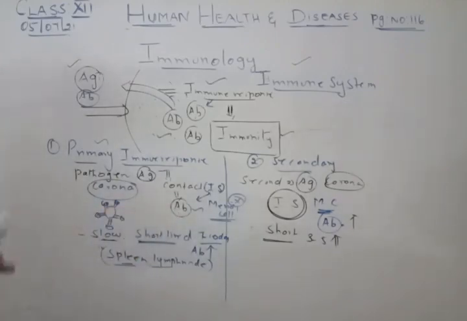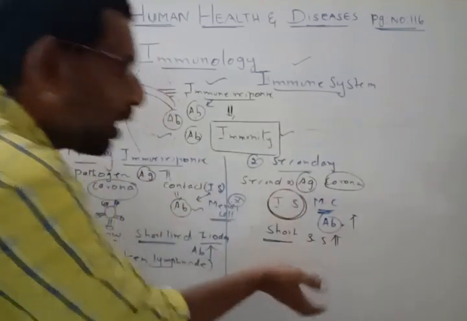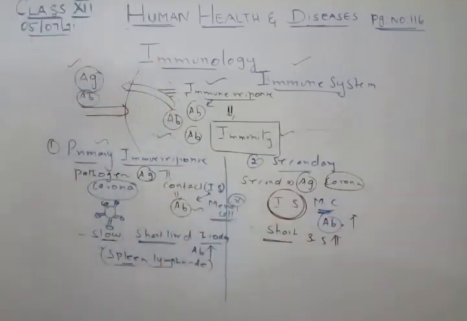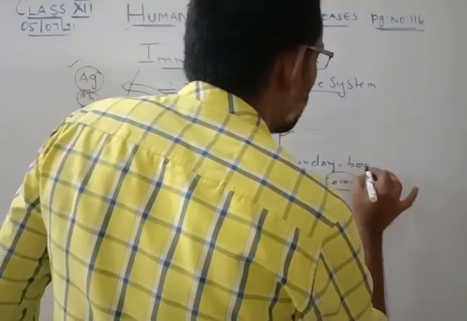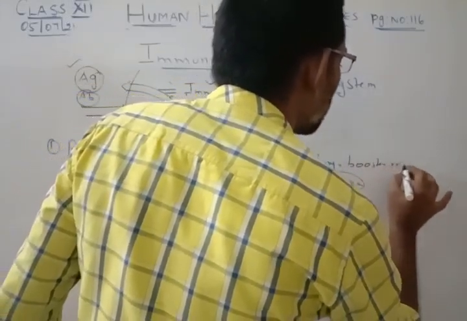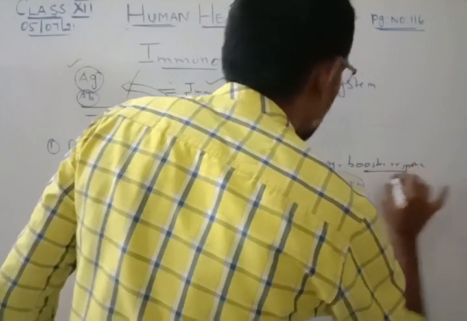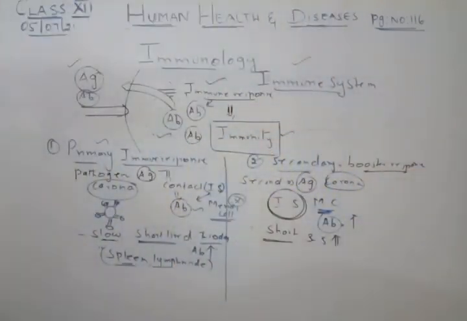Antibodies are produced, but it will take some time. Then with the second booster dose, the antibody level is increased more. So within 3 to 5 days, the antibody production is more. This second response is also called the booster response. The second time the same antigen enters, it boosts up.